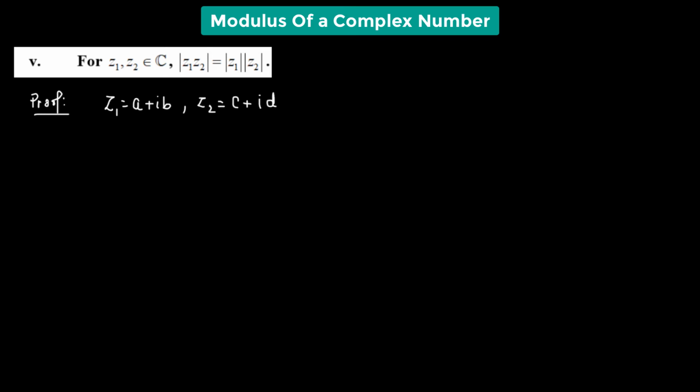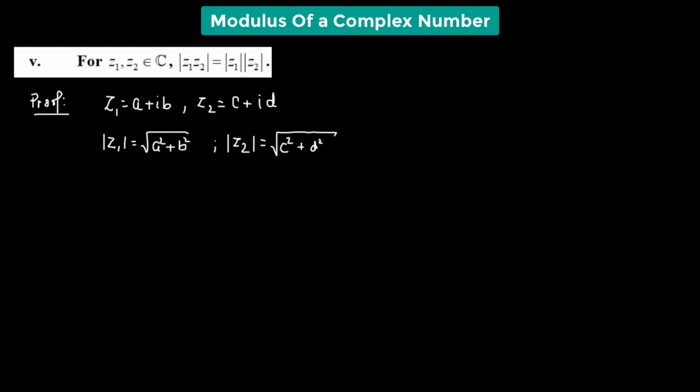Let's also find their absolute values as we go along. The absolute value of z1 is the square root of a squared plus b squared, and the absolute value of z2 is the square root of c squared plus d squared.